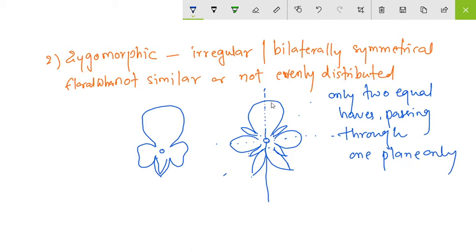Okay, so it is known as zygomorphic or irregular or bilaterally symmetrical. Okay, bilaterally symmetrical flower. The examples are Clitoria, Gokarna or pea, or Sesbania, that is Shevari. So all these flowers show such type of symmetry.